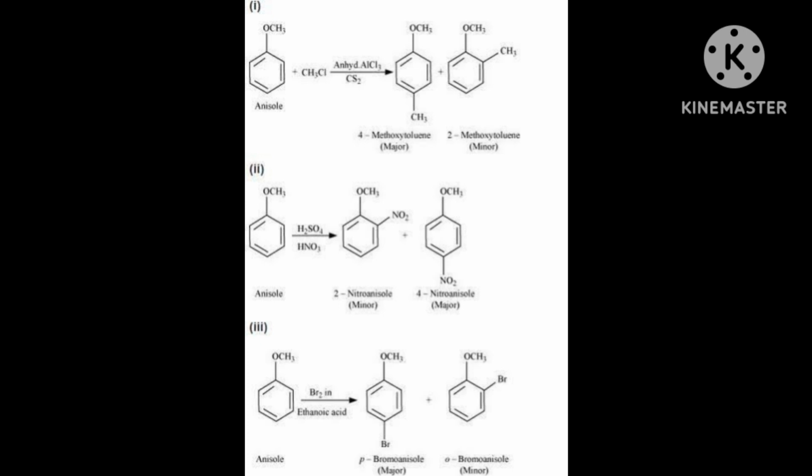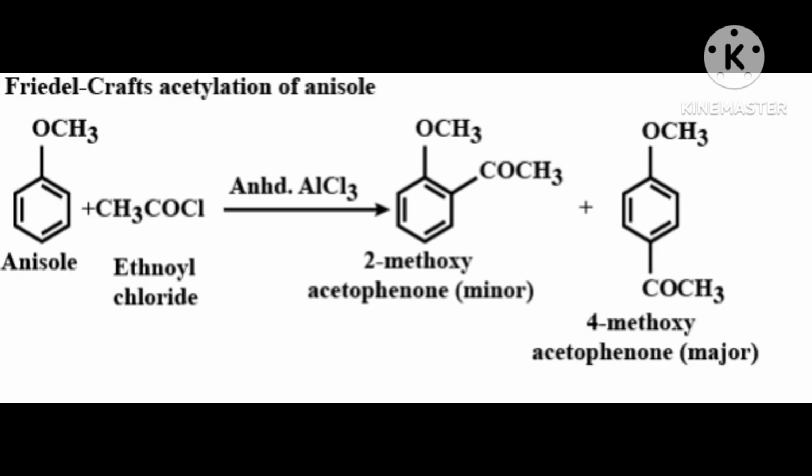Then the reaction is very simple. The reaction will take place only at the ortho and para positions. When the bond in CH3Cl breaks, Cl will be negative and CH3 will be positive.